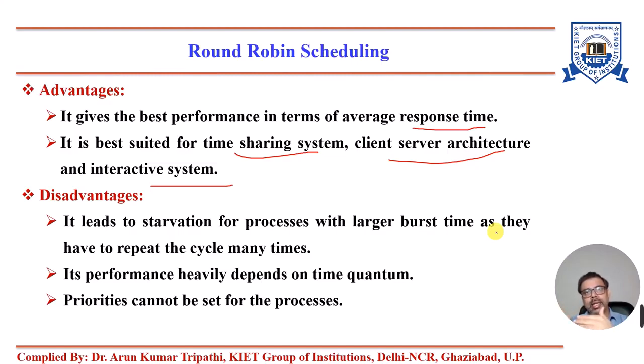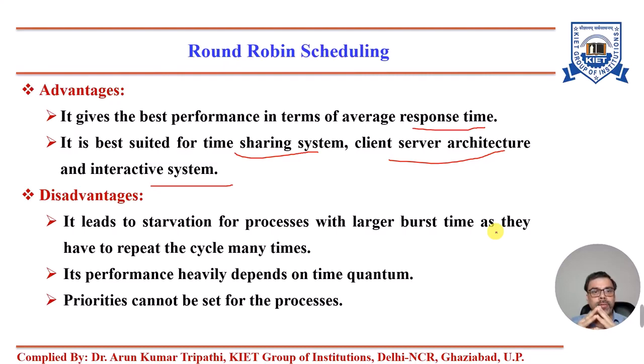After 1 millisecond, another process will be allocated to the processor, then another process, and then after that P1's turn comes, and P1 again goes to the ready queue. So this continues and it leads to starvation, not deadlock. I am talking about starvation, which means it has to wait for a longer amount of time.